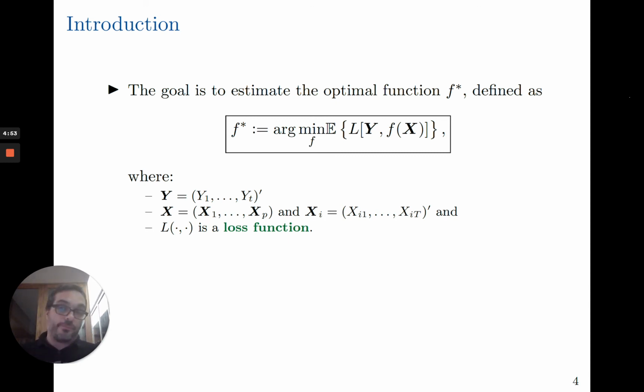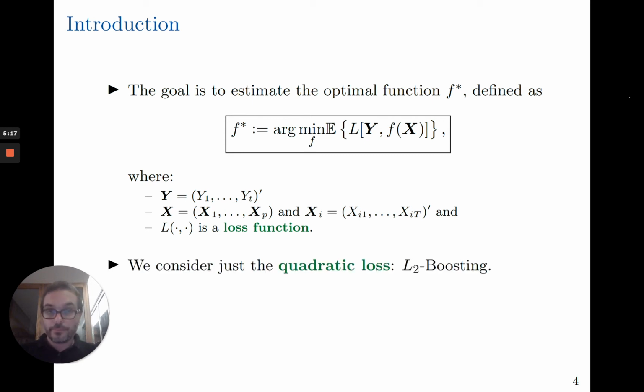So the method is quite general. And here we are going to work with very specific loss functions, okay? But it's a general method. So once you grasp the idea of boosting, you can apply it to a myriad of models and different loss functions, okay? So it's a very versatile method, okay?